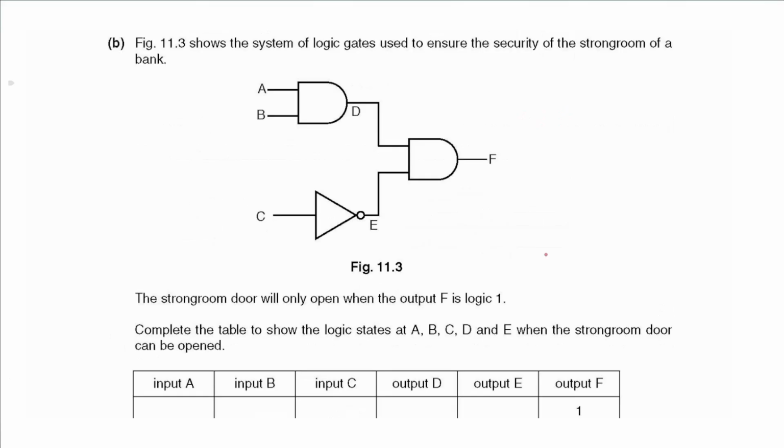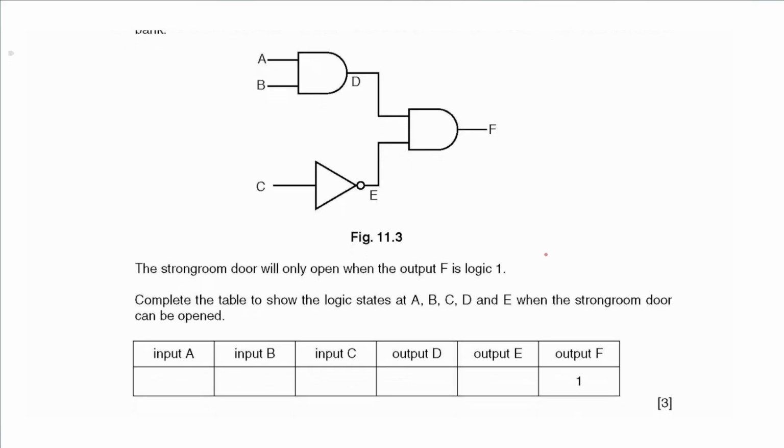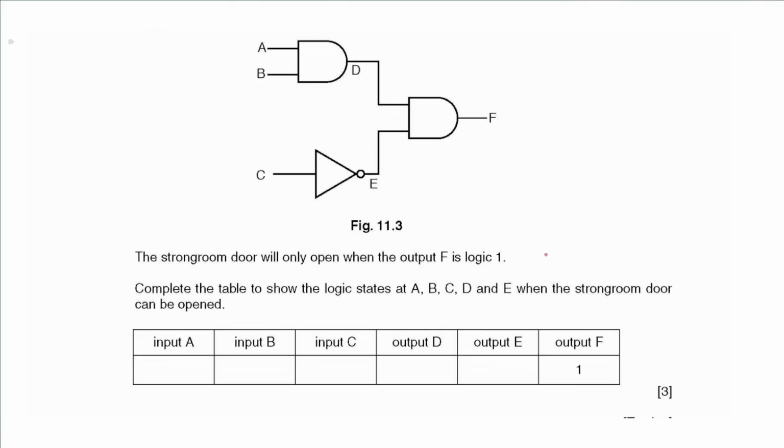Part B says figure 11.3 shows the system of logic gates used to ensure the security of the strong room of a bank. The strong room door will only open when the output F is logic 1. Complete the table to show the logic states at A, B, C, D, and E when the strong room door can be opened.